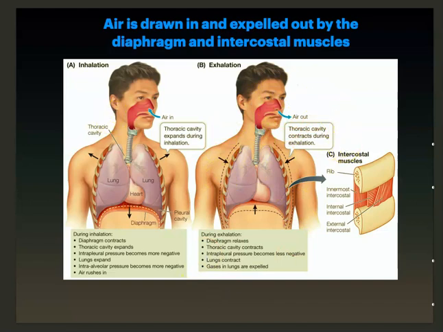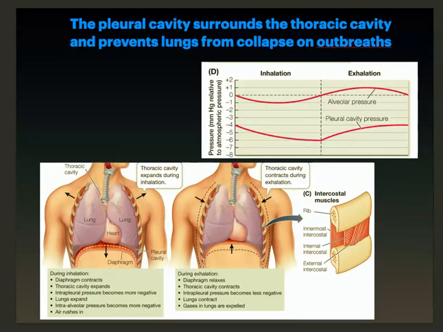I also want to talk a little bit about something that you may not be familiar with, which is the coating around the lungs. And so the textbook mentions this. This is the pleural membrane, or the pleural cavity, and this is really important. It surrounds the lungs and helps them maintain structure during this period when we're breathing out.